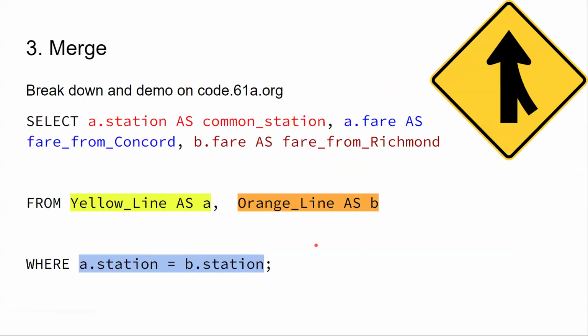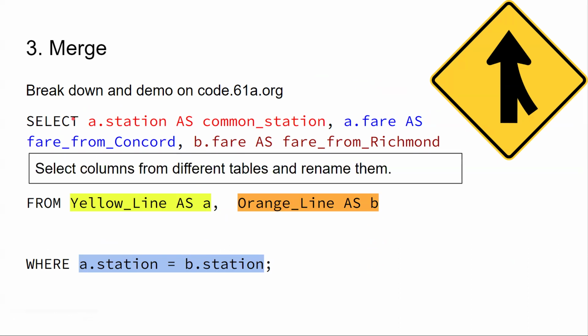Okay. When you break it down into pieces, you will see how clear that is. So select something as something, something as something. You're actually selecting different columns from different tables.